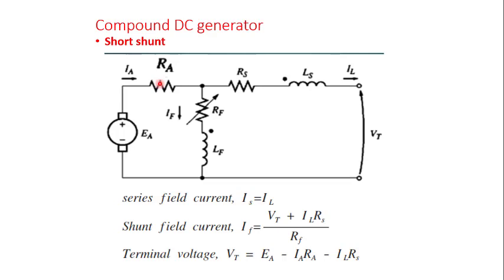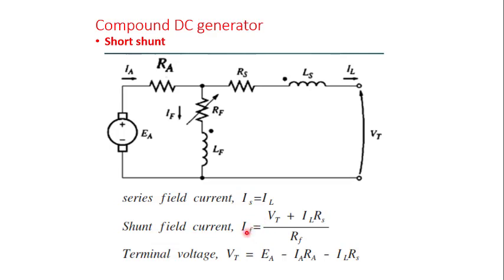And then we know that our IA will be equal to the amount of current that flows through the shunt field circuit plus the amount of current that flows through the series circuit that also extends to the load circuit. So our IA is equal to IF plus IS, or we can use IL in place of IS because these two values are the same. Because of this branch, this one is equal to this plus that because of the current division. Take note of that.